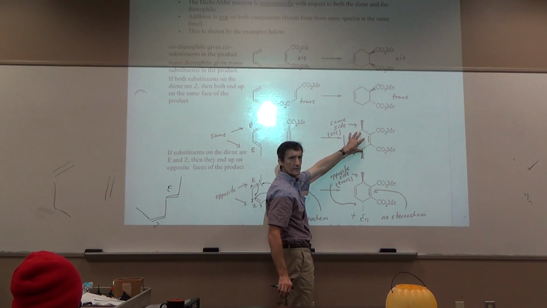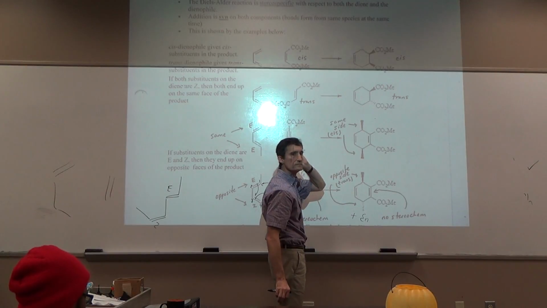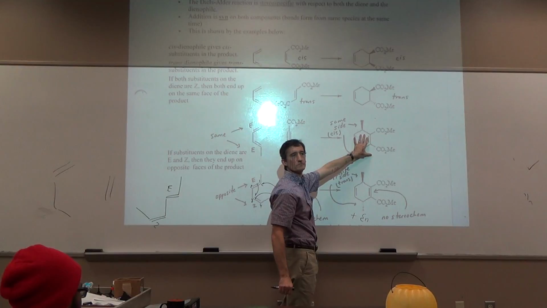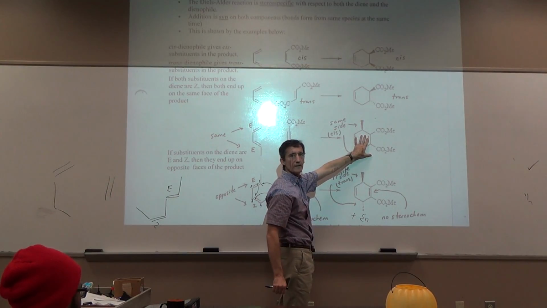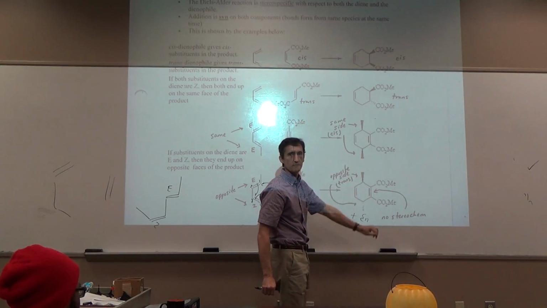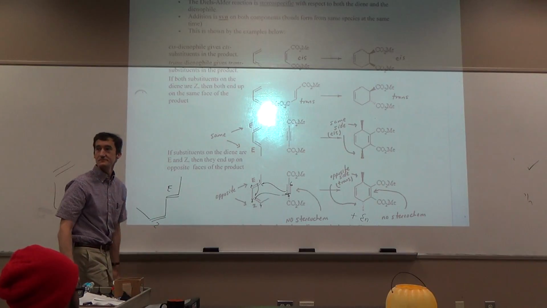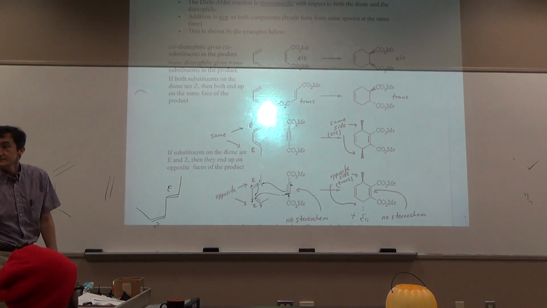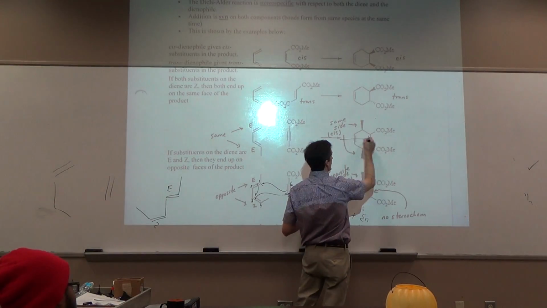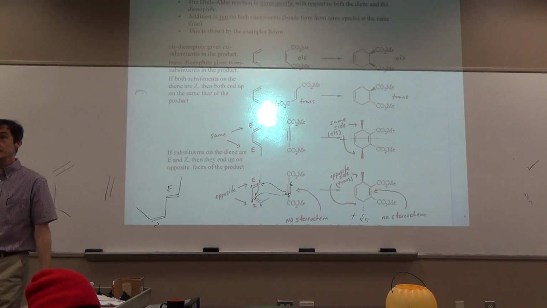Do we want to say plus an enantiomer here? Anybody? No, why not? That's correct. It's a mirror plane. Thus, the mirror image is the same thing. It doesn't have an enantiomer. Mirror image is the same thing.